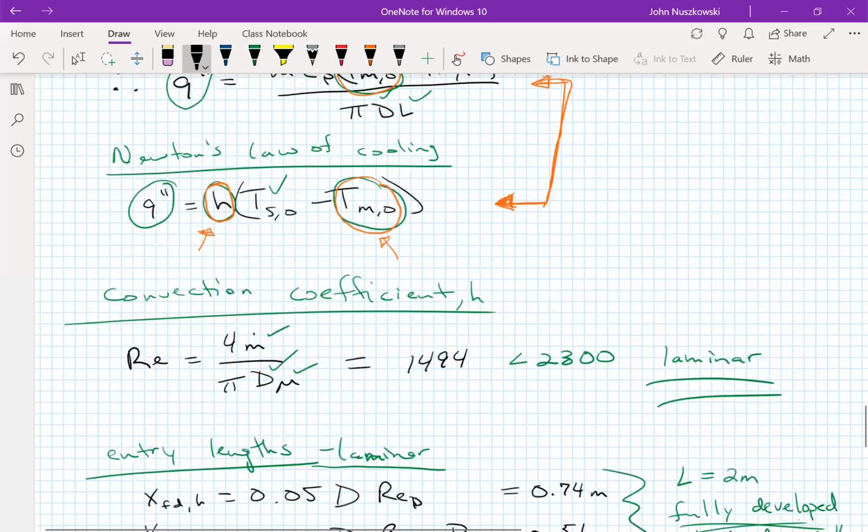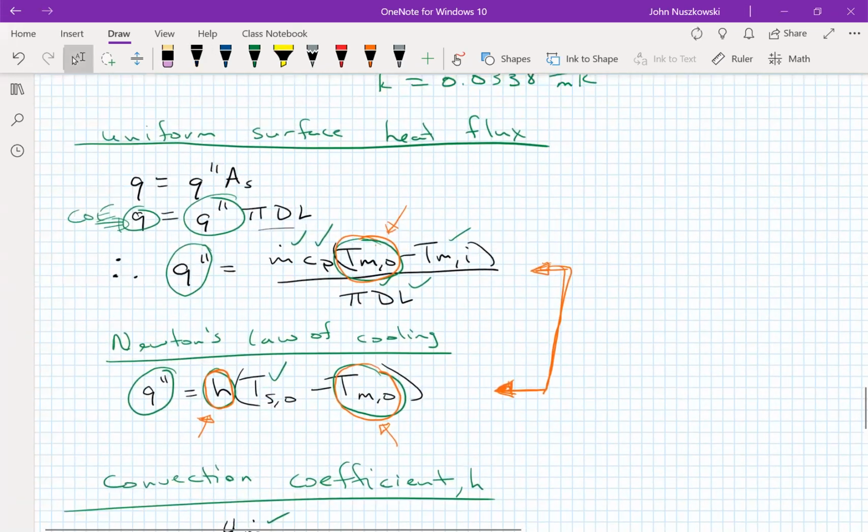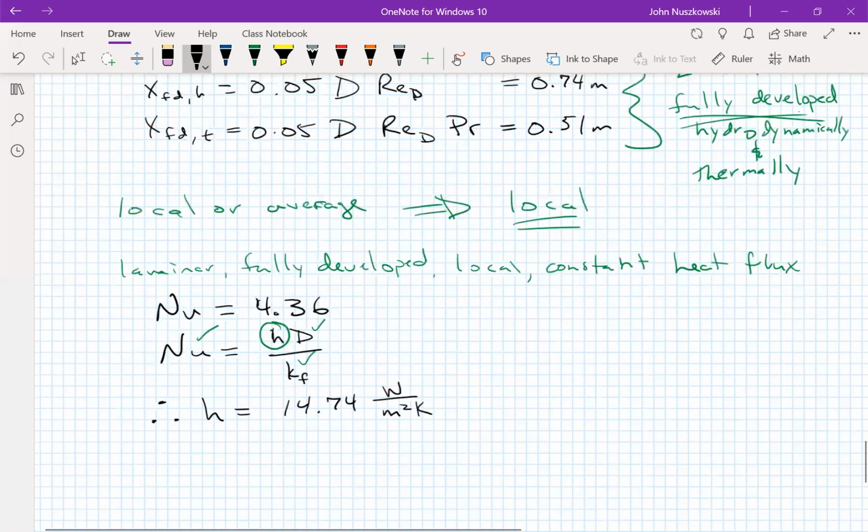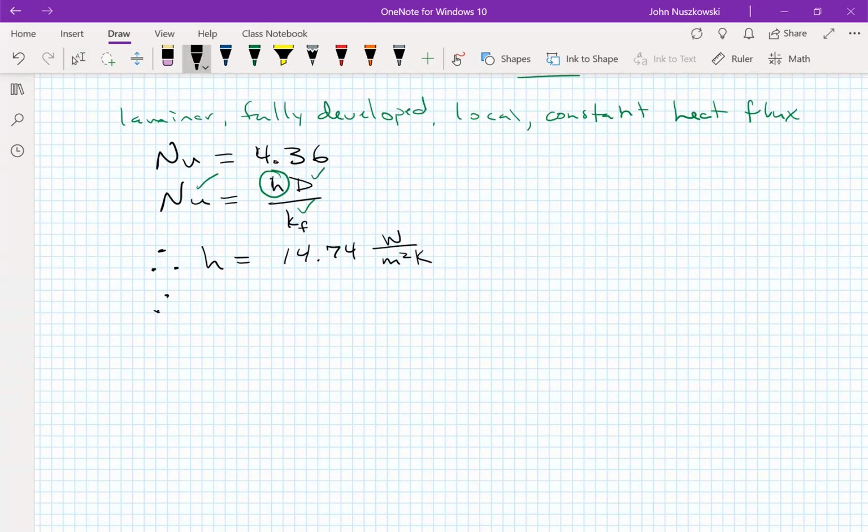If we work our way back, now we have enough to set these two equations equal for heat flux. We have the convection coefficient. We can solve for our outlet temperature, which is 146.3 degrees Celsius.